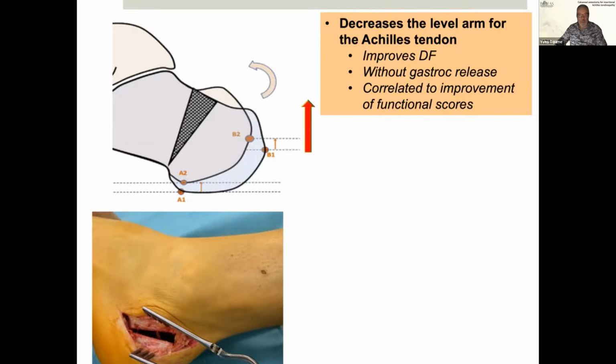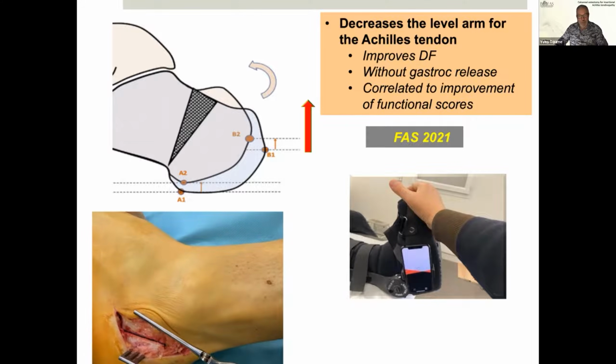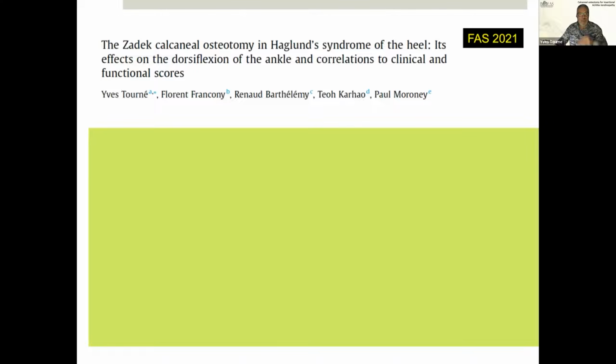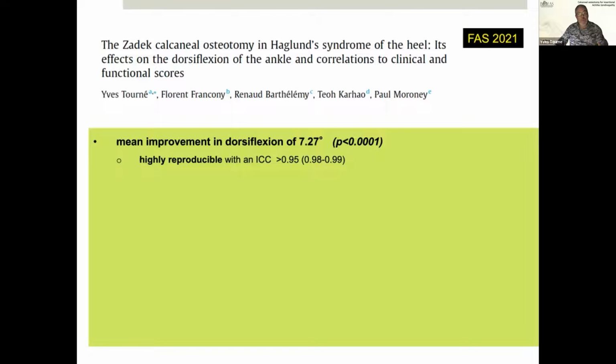I used this handmade frame to do my third study, which I published in Foot and Ankle Surgery. There was a mean improvement of the dorsiflexion of 7.27 degrees, which is highly statistically significant, and highly reproducible from one examiner to the other, because we used the ICC.